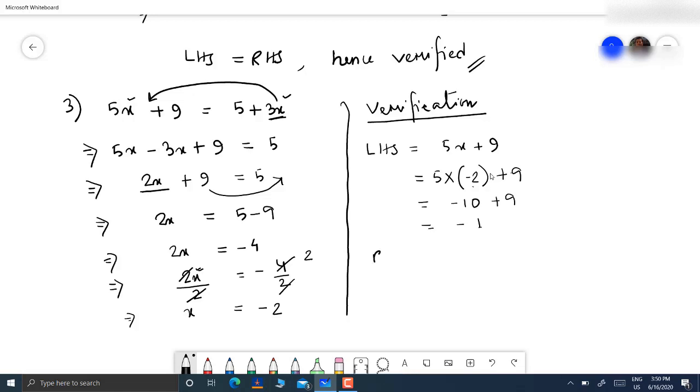Then coming to the right hand side, what expression are we getting? 5 plus thrice x. That is equal to 5 plus 3 into minus 2. Actually 3 is a positive quantity, then 2 is a negative quantity. When we multiply these two, the result comes as minus 6. Yes or no?